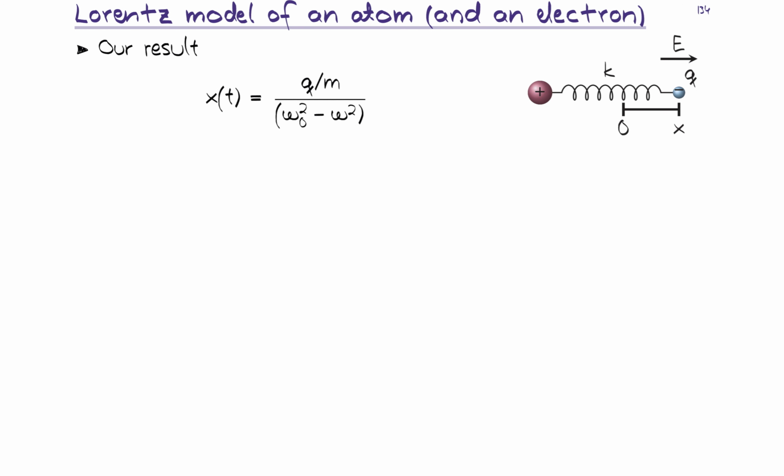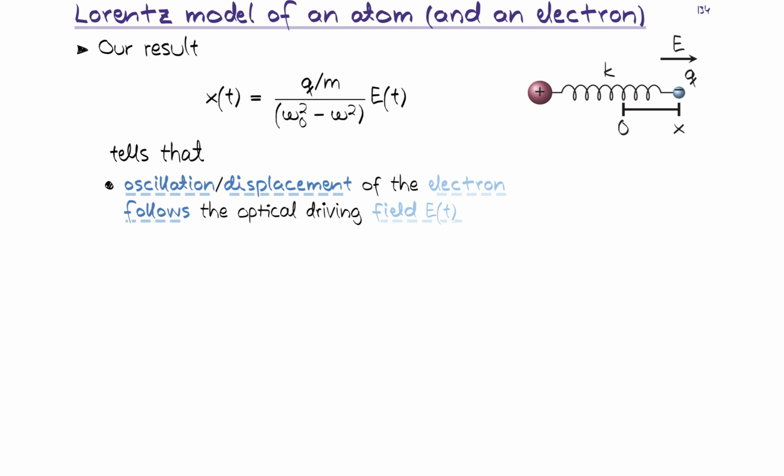So we have solved the system for the Lorentz model, the equation of motion, and what it tells us now is that this oscillation or displacement of the electron really follows the optical driving field. And since we're speaking about optical fields driving the motion of the electrons, this oscillation is actually quite fast.